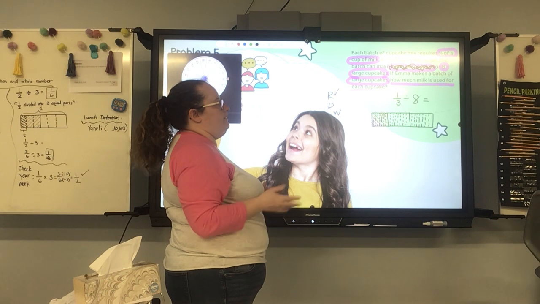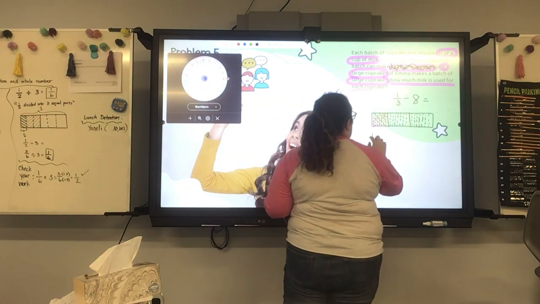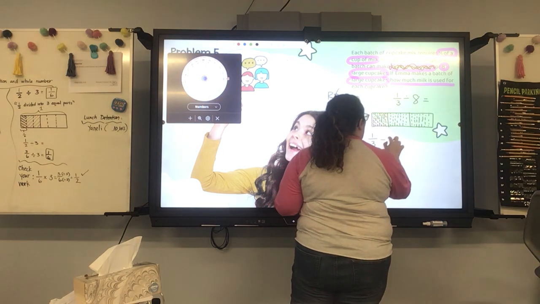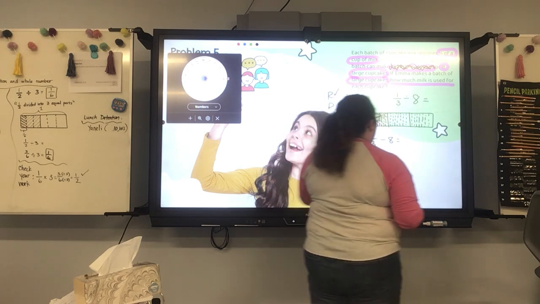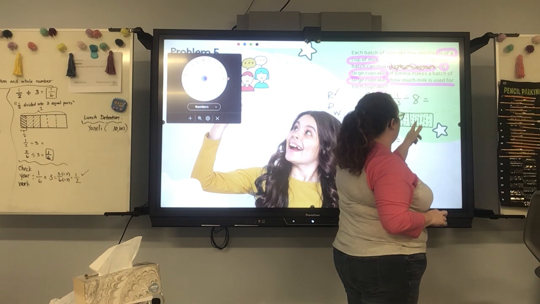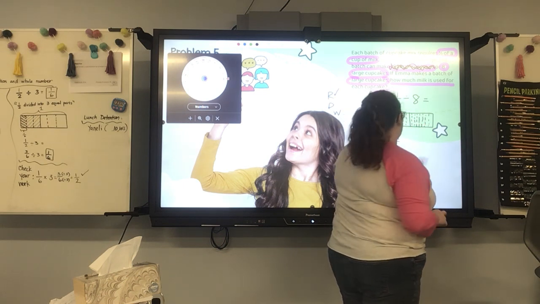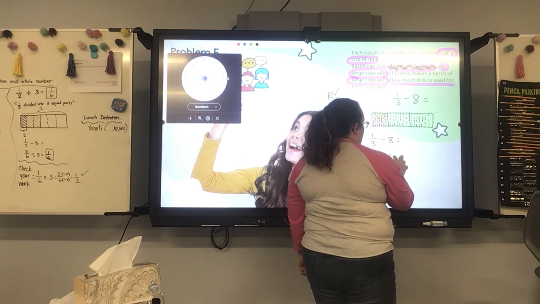Now, is there just 1/3 that has the zigzag line? No. Now, 1, 2, 3, 4, 5, 6, 7, 8 of the pieces out of 9, 10, 11, 12, 13, 14, 15, 16, 17, 18, 19, 20, 21, 22, 23, 24. So now 8 24ths is what's being divided by 8.